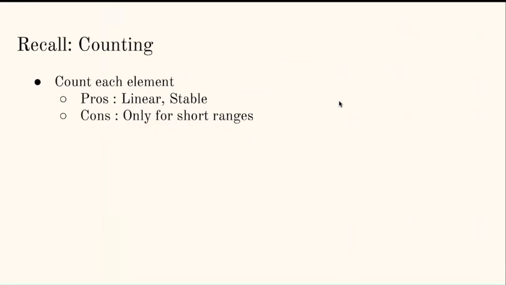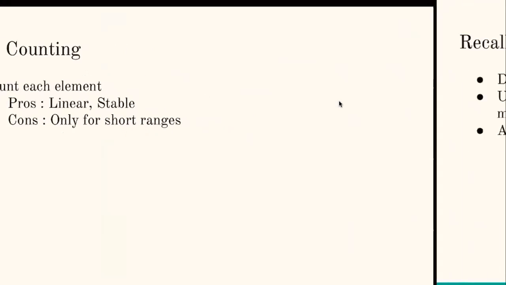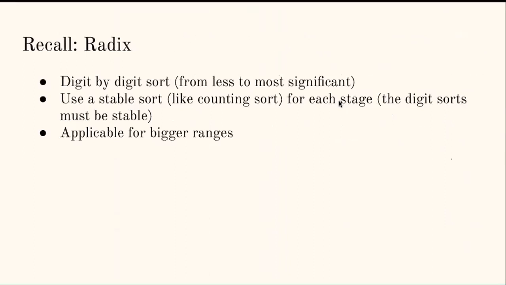Are you going to count the occurrence of each value in this big range? It's huge, right? That's why we use counting sort for small ranges. But when we have big ranges, we think of Radix Sort.